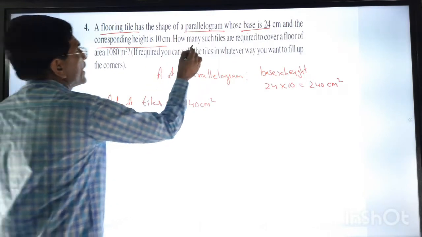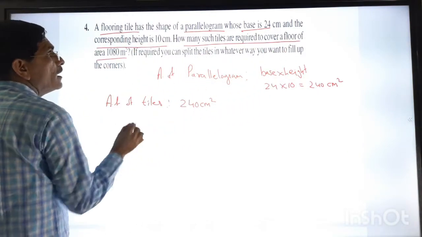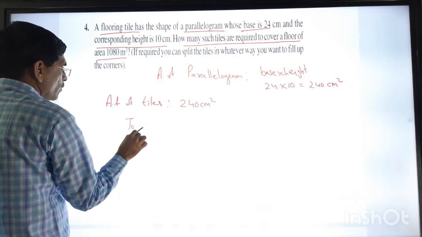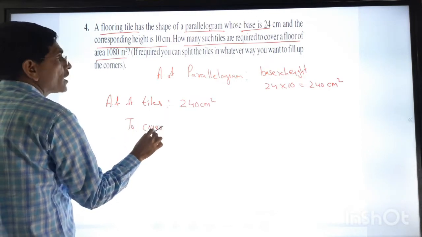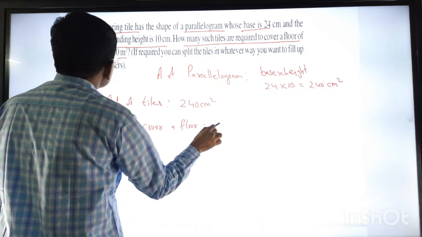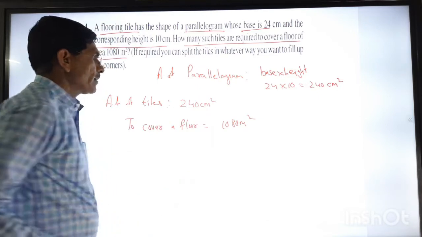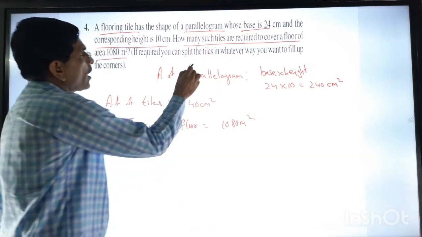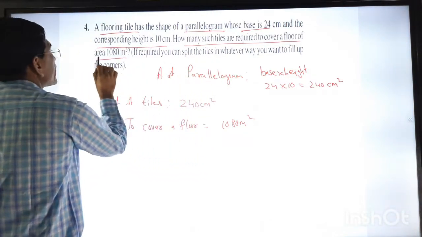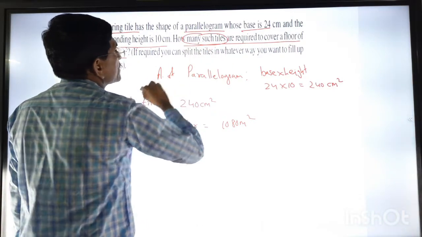Now how much area is given to cover the floor? To cover a floor, the area is 1080 meter square. The question is how many such tiles.